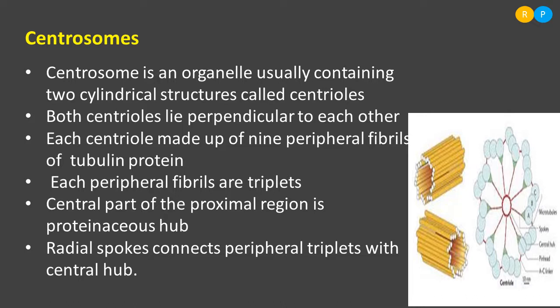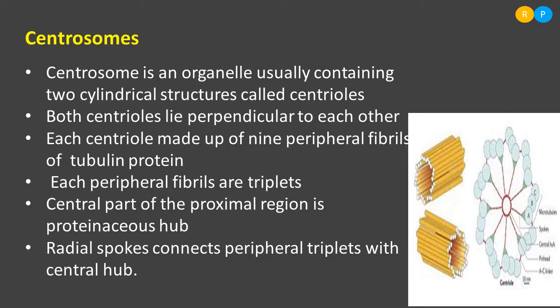This is the actual structure of the centriole. Each centriole consists of 9 peripheral triplet fibrils, and all 9 peripheral triplets are interconnected with one another, and similarly we can find the connection of peripheral fibrils with the central hub.